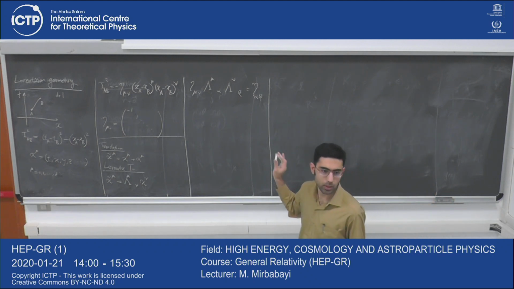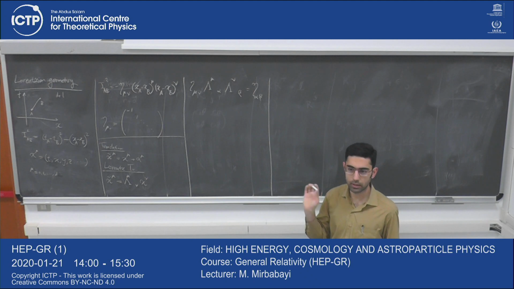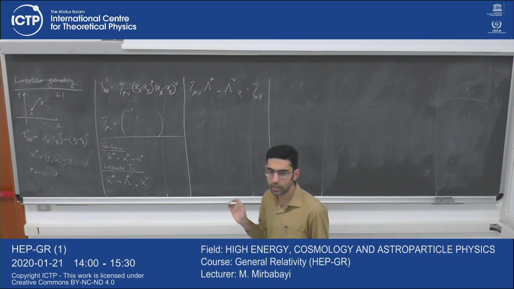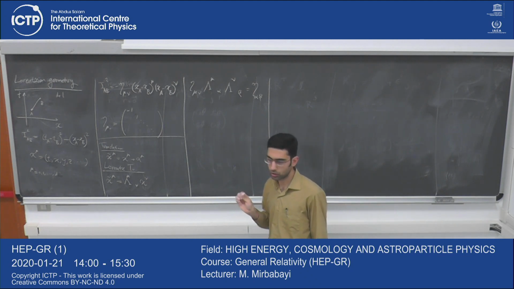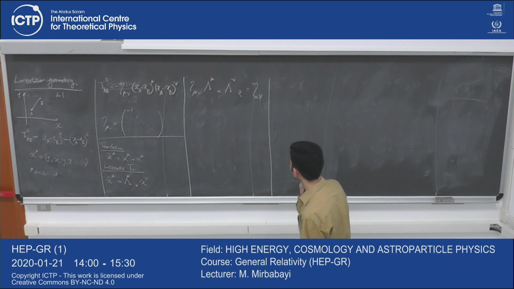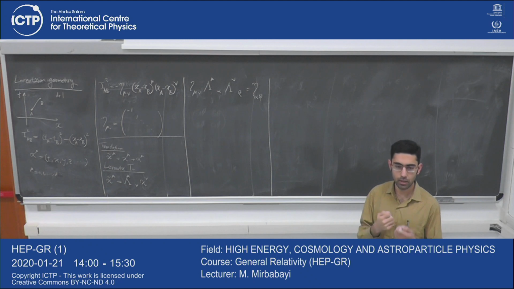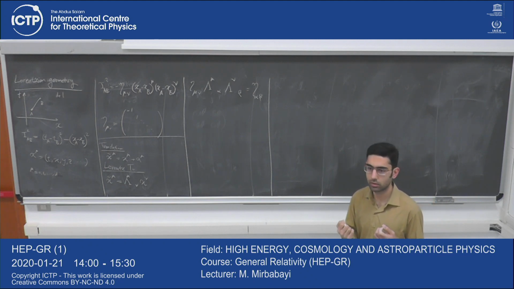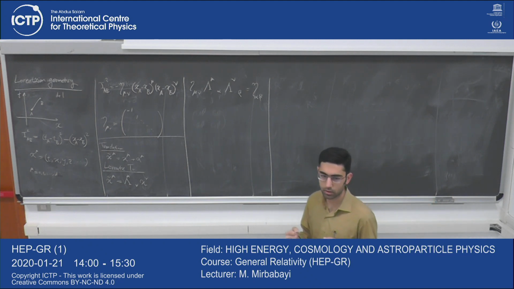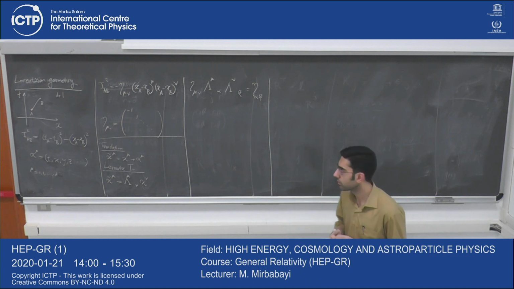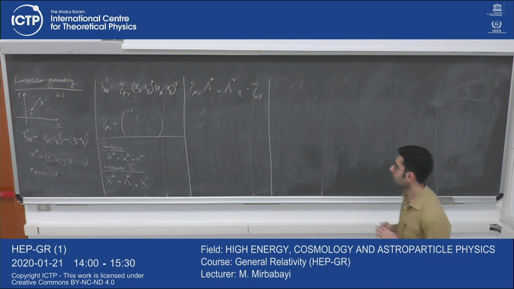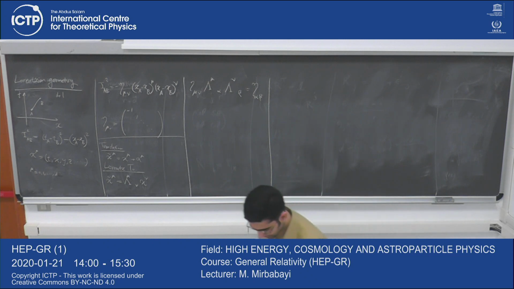Our main focus will be on the proper subgroup, the part that is continuously connected to the unit element. Again, it's a continuous group. One can count the dimensionality of the group, the number of independent Lorentz transformations that we have, and one can get a similar formula for it.